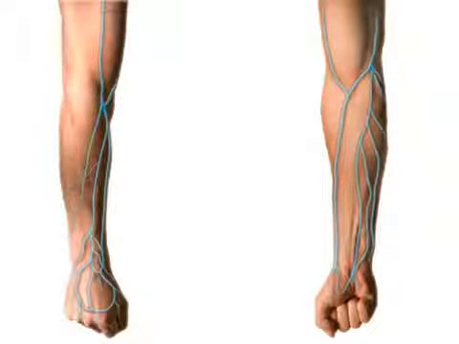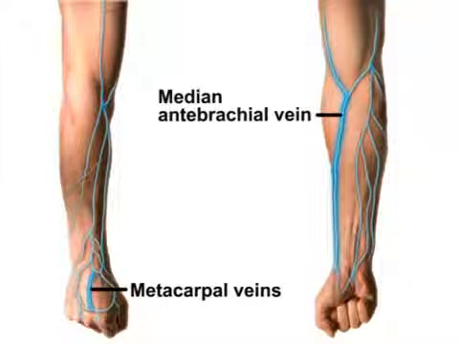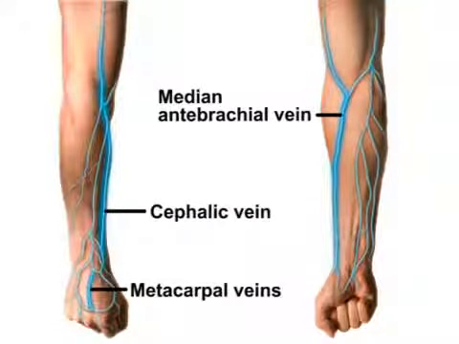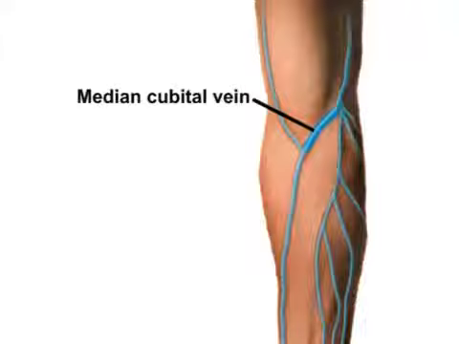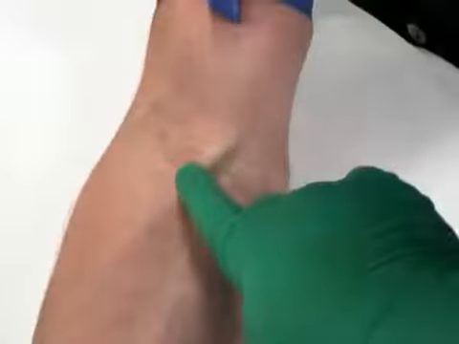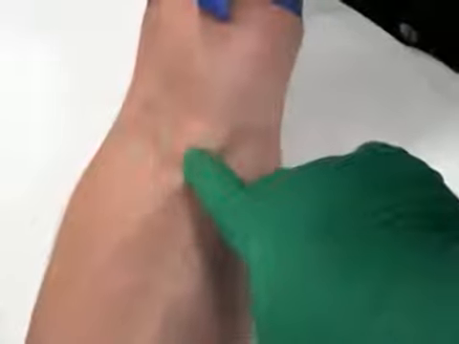The preferred cannulation sites are the veins of the forearm, particularly the metacarpal veins on the dorsal aspect of the hand, the median antebrachial vein, the cephalic vein, and the basilic vein. The median cubital vein, which crosses the antecubital fossa, is frequently cannulated in acute situations, as it accommodates large-bore catheters and may be easier to cannulate.